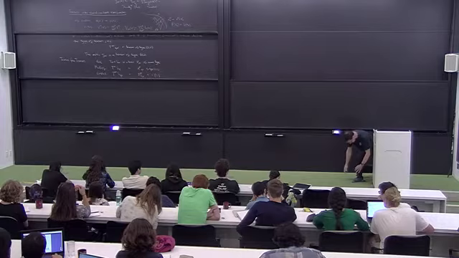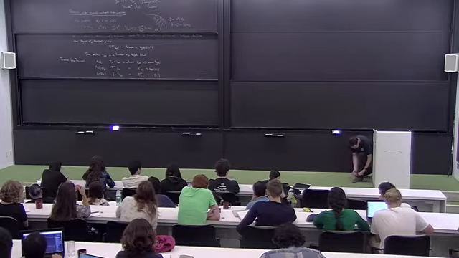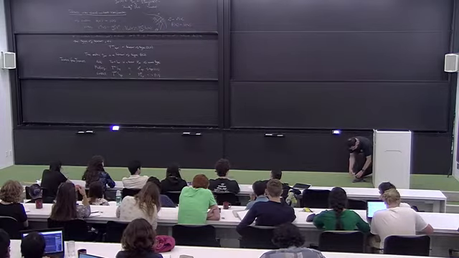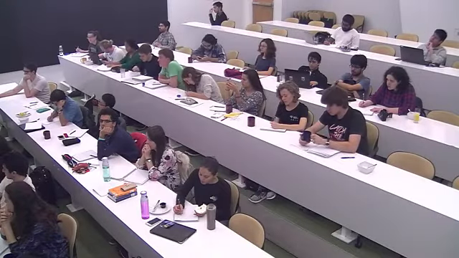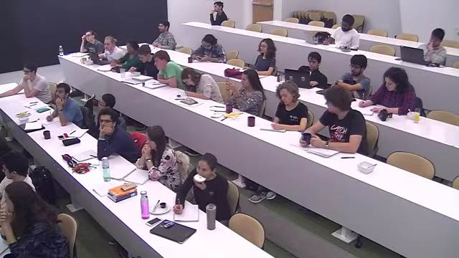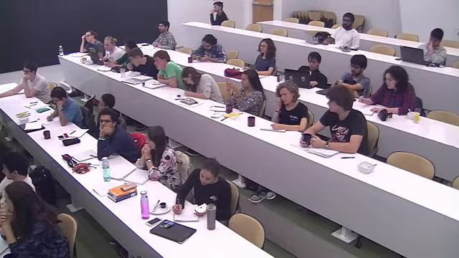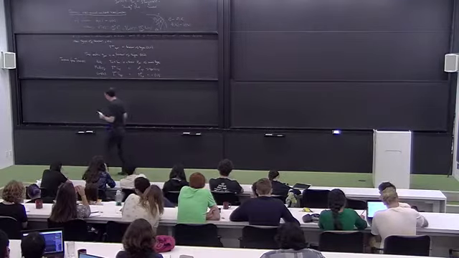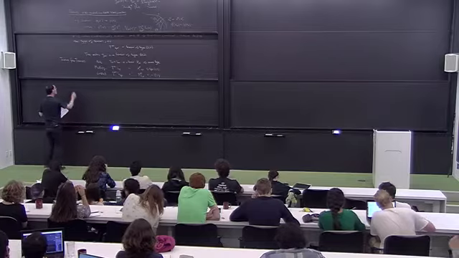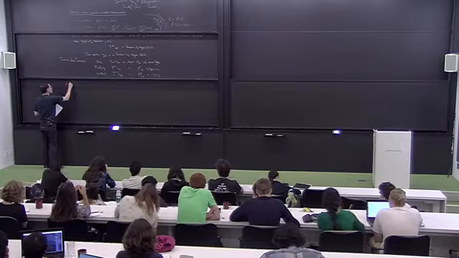Now, there's another operation you can do, which is to differentiate tensors, because we know that d by dx mu, or partial derivative, is a vector. So let's try to differentiate a tensor.